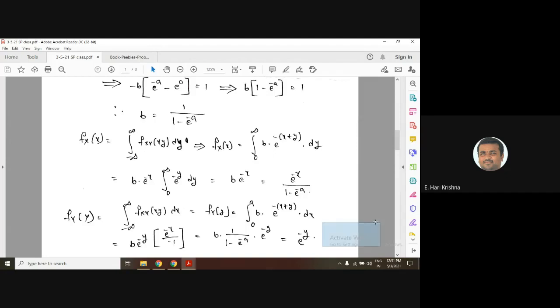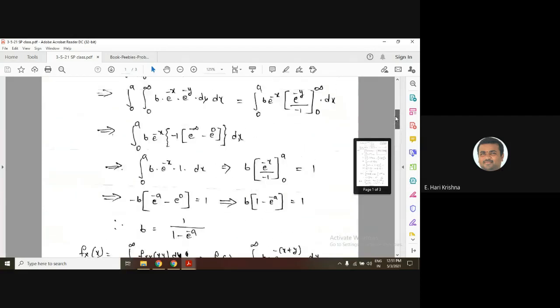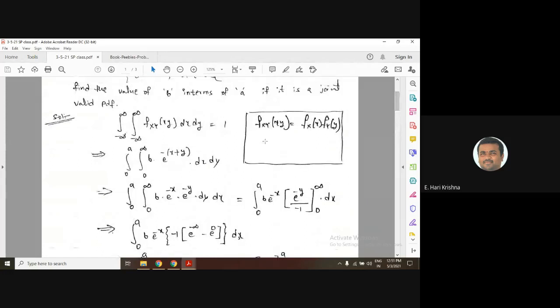Right. So I have written one equation. This PDF I have already sent to the CR, maybe he has also forwarded it to you. So just see here, fxy of x, y is equal to fx of x times fy of y if x and y are statistically independent random variables.